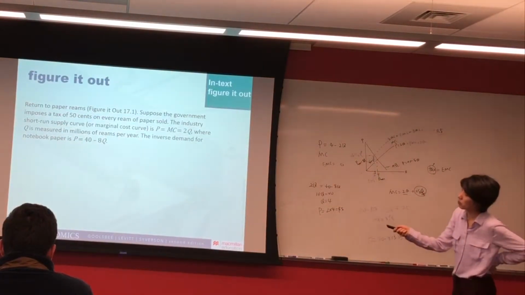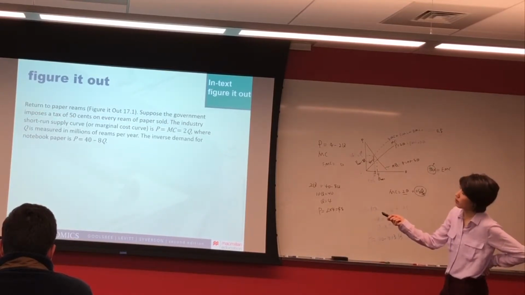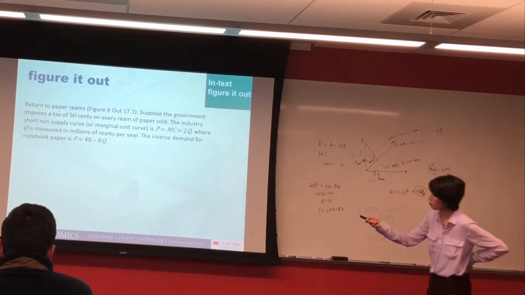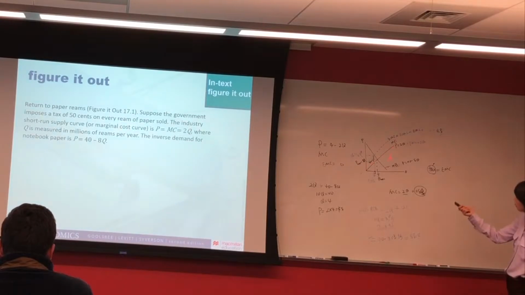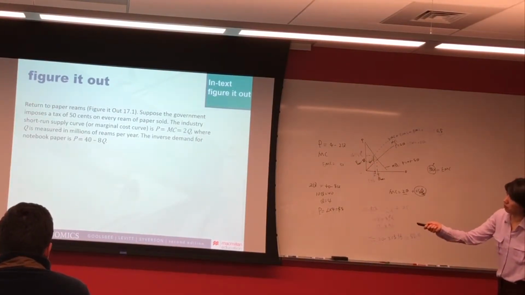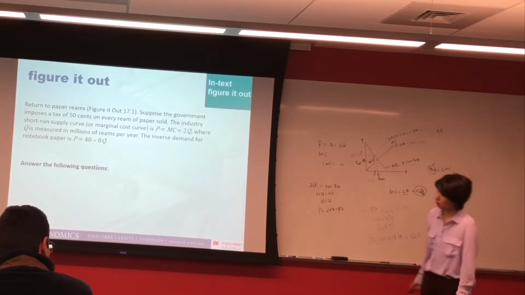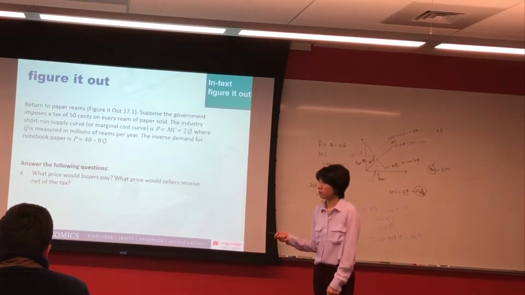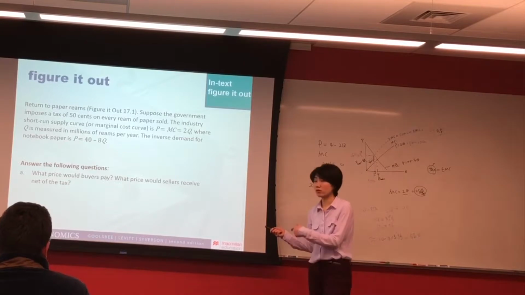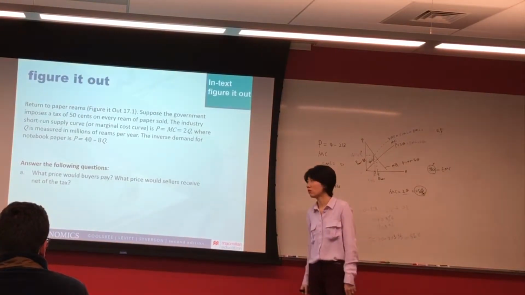Suppose the government imposes a tax of 50 cents on every ream of paper sold, and the industry short-run supply curve, or market cost curve, MC, is 2Q, and the inverse demand for notebook paper is P = 40 - 8Q. What price will buyers pay, and what price will sellers receive, net of tax, after paying taxes to the government?